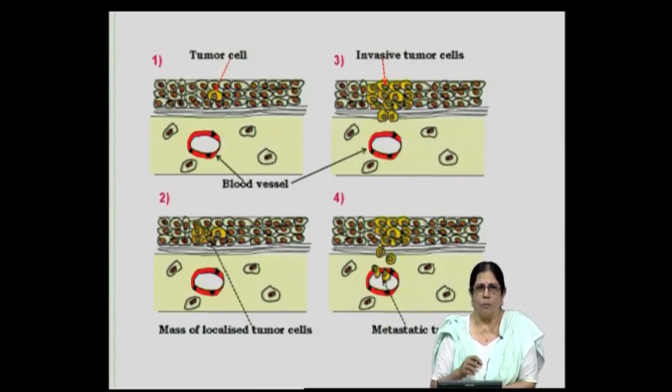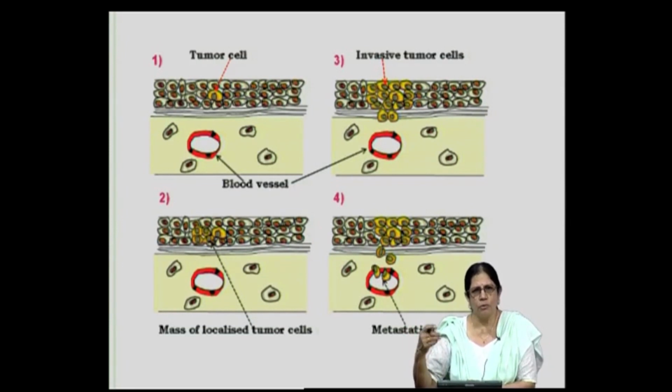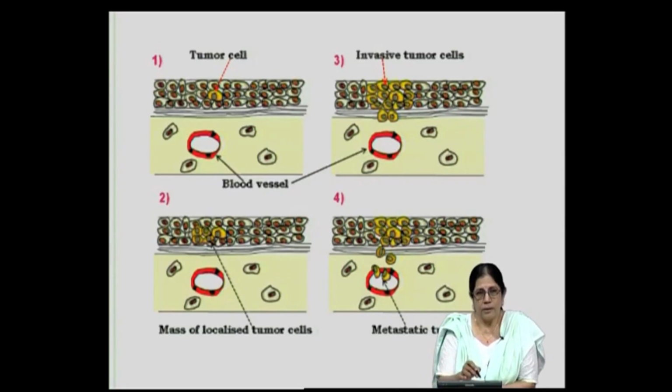Of course, when it becomes a huge tumor, there would be a large number of processes by which that single cell has changed. So, its progeny has changed. We will talk about this later, because that is one of the mechanisms by which cancer cells can evade the immune system. But suffice here to say that a tumor arises from one single cell.